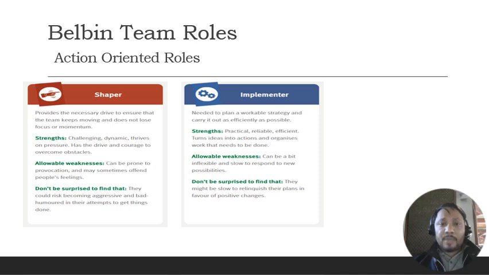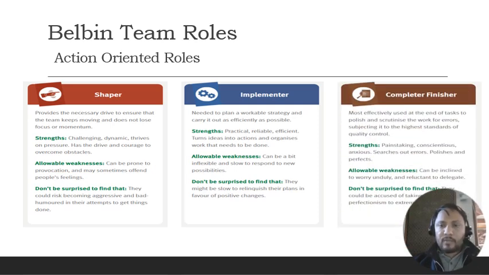Then we have implementers. They are relatively more organized, they put things into a plan, and they are very efficient people. They are also pushing like the shapers, but they are relatively more organized. However, as all of them are action-oriented, they might be a little less flexible in getting things done.